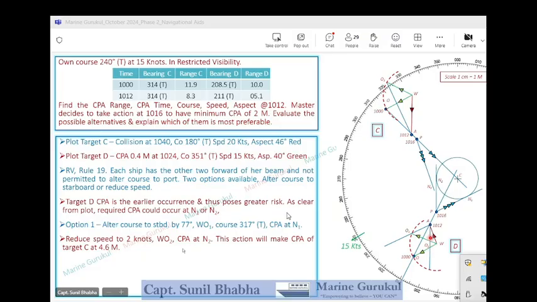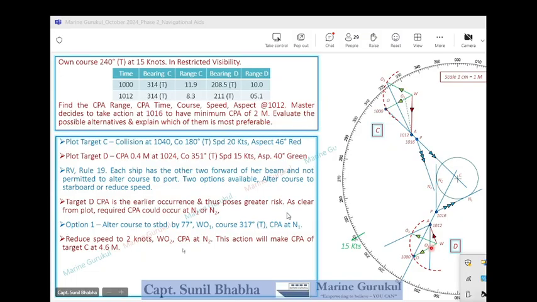And in this case, O2 Alpha would become our relative line of approach. Transferring this to point P, that is 1016 hours, we will have the line of approach like this. The line of approach will take the target ship Delta to its CPA at point N2. So again, target Delta will have its CPA at point N2, November 2.